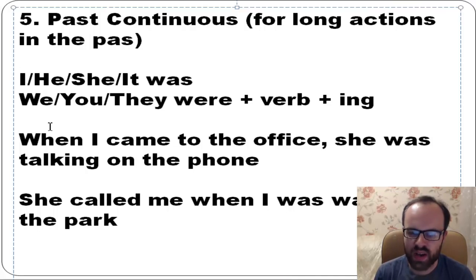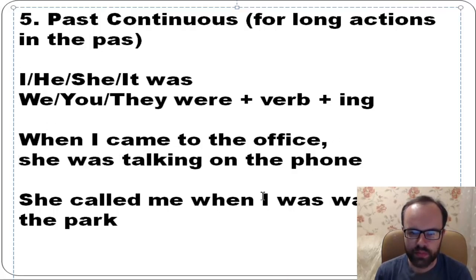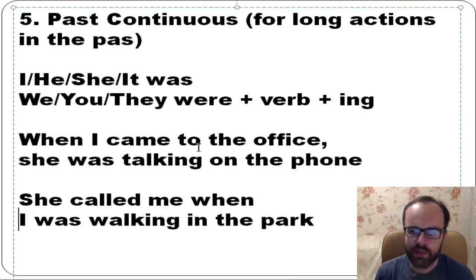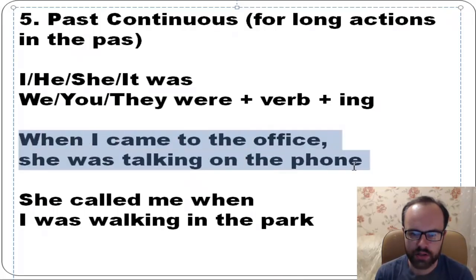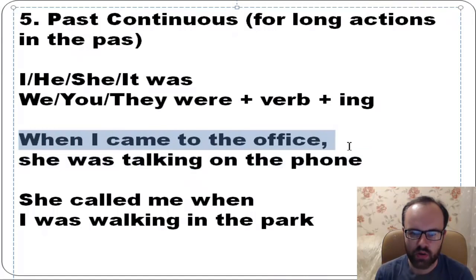And there is one typical situation when we use this tense. Look. When I came to the office, she was talking on the phone. So we use it if we have a sentence with two parts, or two clauses, with when.